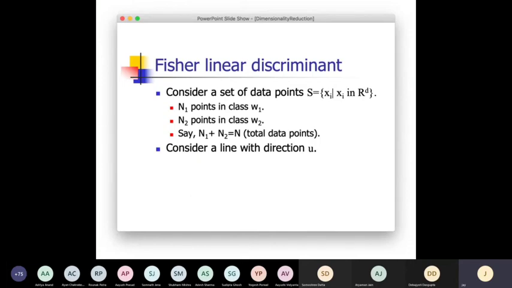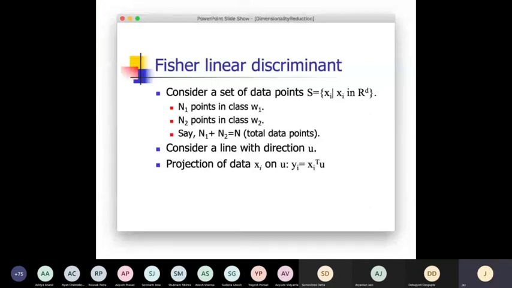So now we try to define an objective function with respect to a direction which will capture this separability property. Maximization of separation is our objective here.